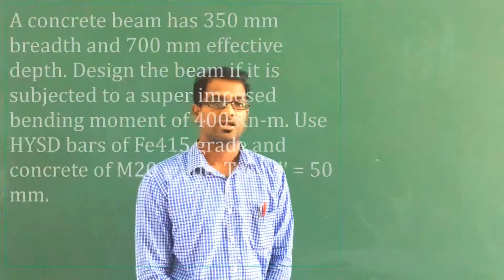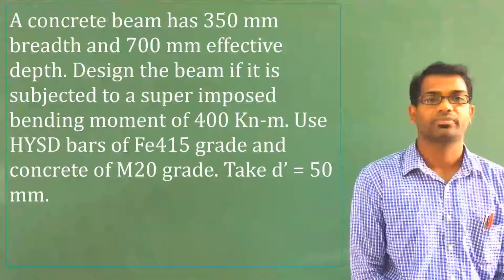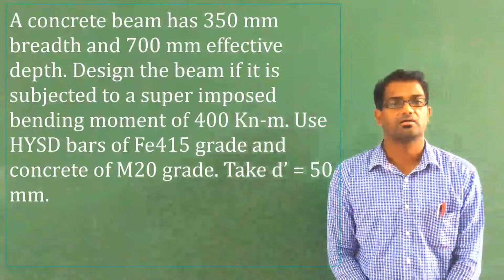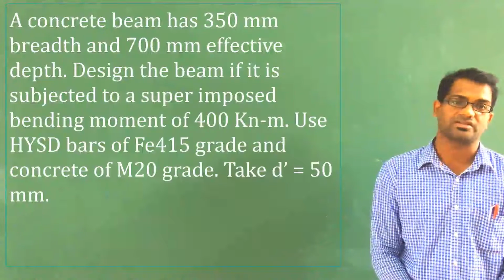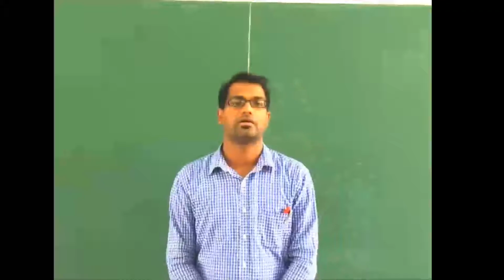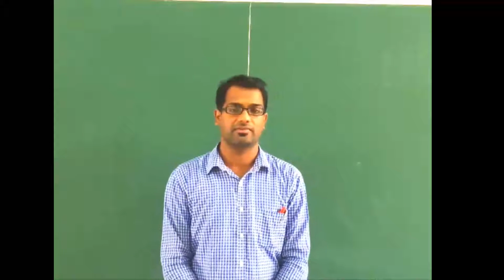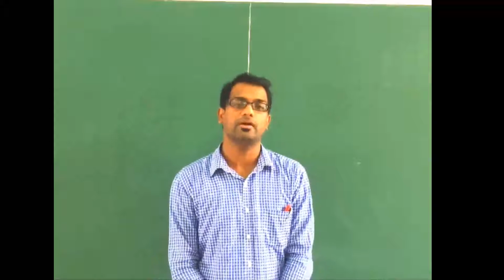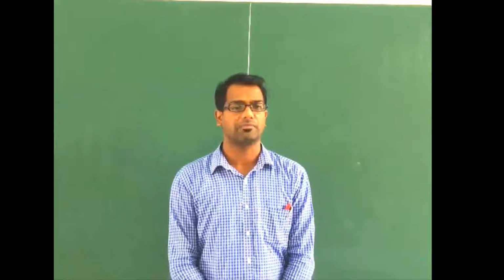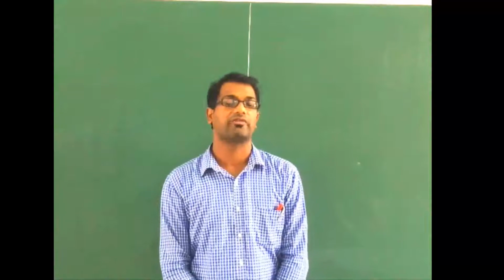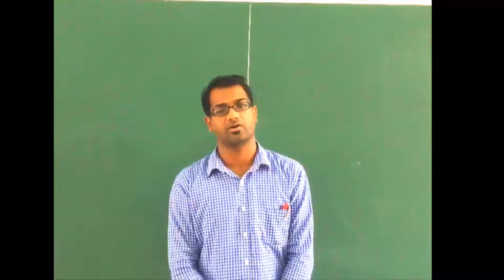First, the question is given to you in this way. Please read the problem and then we can start the design. In the given question, the breadth of beam is given as 250 mm, effective depth as 700 mm, M20 grade concrete, Fe415 steel, and working load as 400 kN.